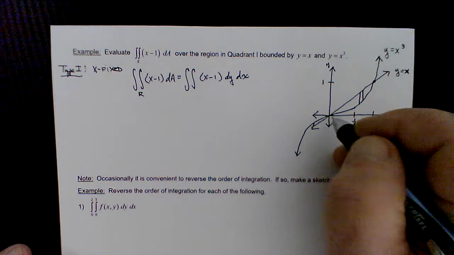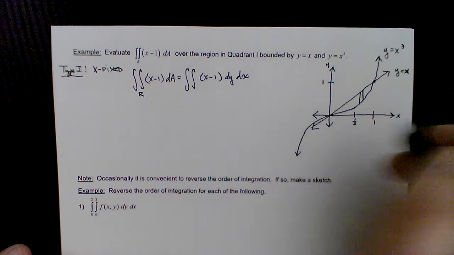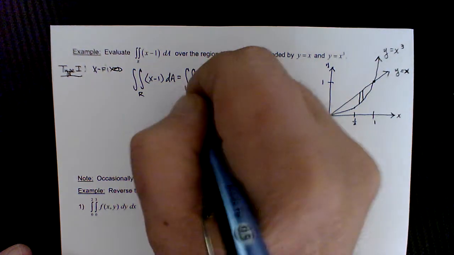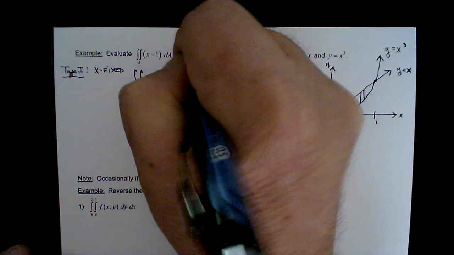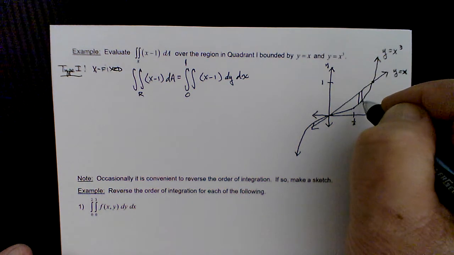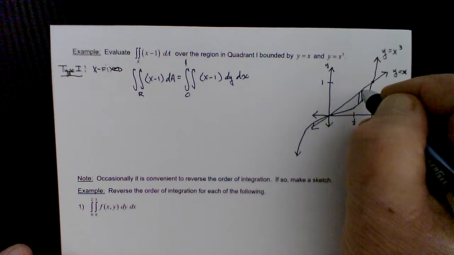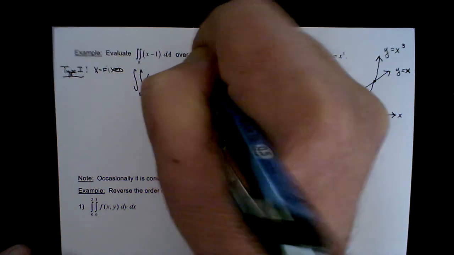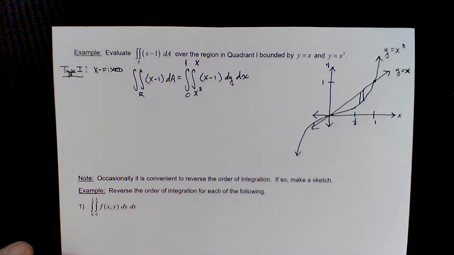That's just going to be 0 to 1, so as x ranges from 0 to 1, all of these little vertical strips give you everything you're looking for. And then the lower function looks like it's x cubed, and the upper function is x. Okay, so that's the appropriate setup.